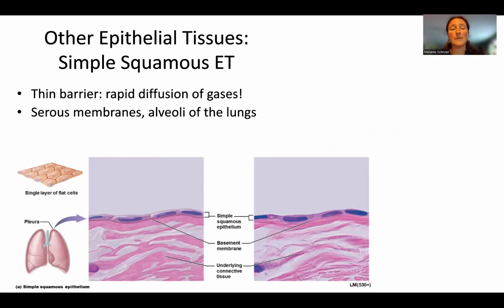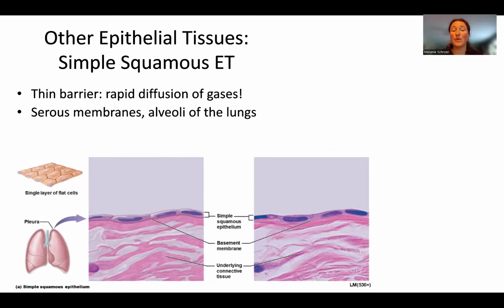So simple squamous epithelial tissue, a single layer of really flattened cells. Here is a drawing, and here is the histology, right, to help you kind of parse out what you're seeing in the histology. Simple squamous epithelial tissue is the thinnest possible barrier that we can make, and therefore it has rapid diffusion, right?